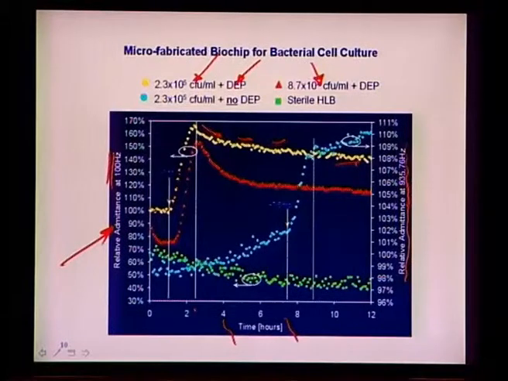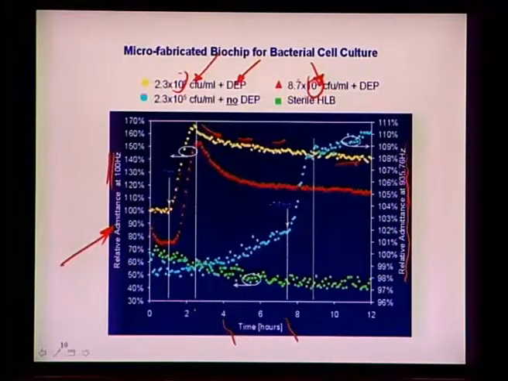Similarly, for a different smaller concentration, let us say 8.7 × 10^4 CFU per mL with DEP, you can have a similar kind of growth characteristic, although the admittance in this scale is scaled down because of the change in the concentration from 10^5 to 10^4.